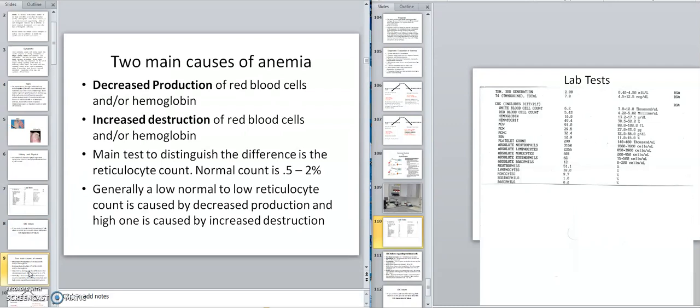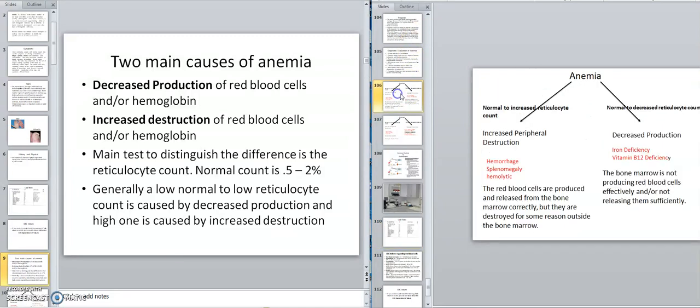Okay. Now, what are the two main causes of anemia? Okay, it's like a branching tree. The two main causes of anemia, so I'll come over here, is either enough red blood cells are being produced in the bone marrow and released, but something's happening to them after they leave.